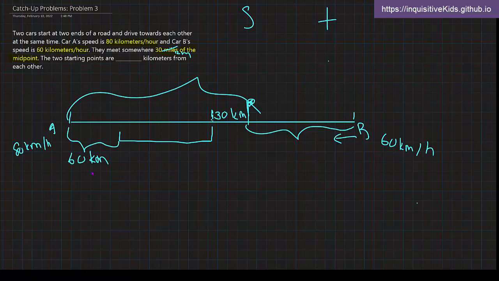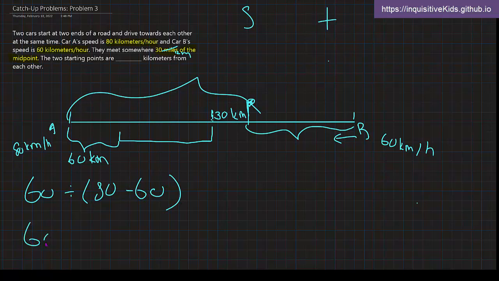So here's another way. We could do 60, that's their difference in track, divided by their difference in speed, 80 minus 60, which would equal 60 divided by 20, so that equals 3. So their time is 3 hours, and their difference in speed would be 20.